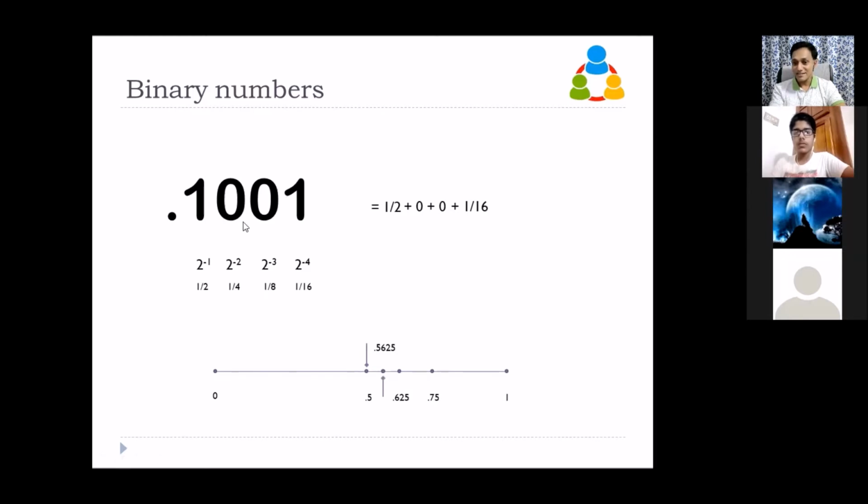Do you all get this? Yes, sir. So now if you add one more decimal, we will know between this and this where it is. We will divide this into half, which means that position is 1 by 32. That means we are dividing this into 32 positions. Our accuracy will improve. Do you all get this? Anyone has a doubt?